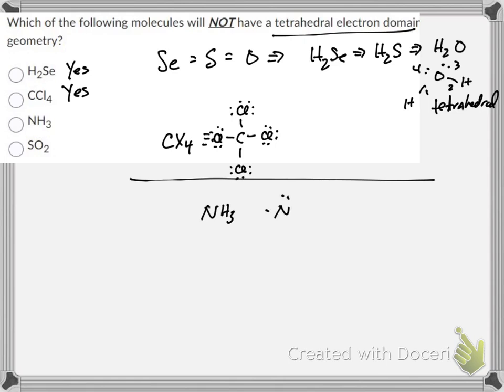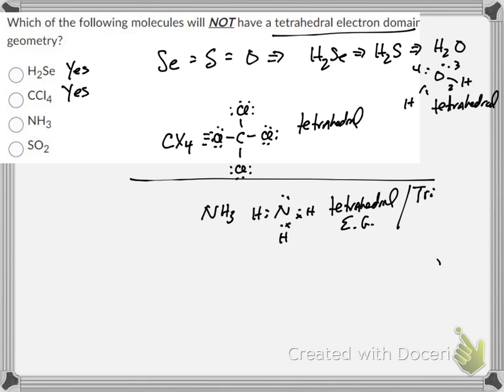NH3, we just talked about that. If it's neutral, it's going to form 3 bonds. NH3 is an electronic tetrahedron, but molecularly it's a trigonal pyramid, but it's still a tetrahedron with that lone pair considered a domain.